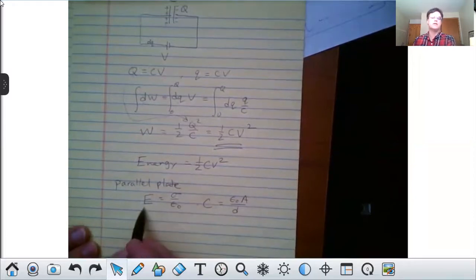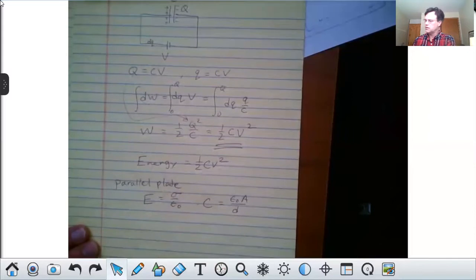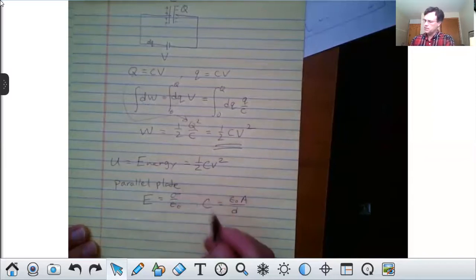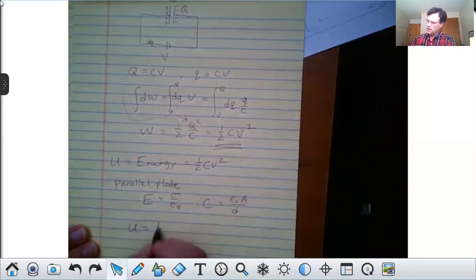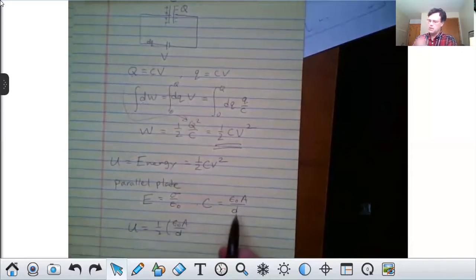And again, E here is electric field instead of energy. In the book you might see energy written as U, a kind of potential energy. So I have my energy, U, is 1/2 times epsilon zero A over d, for my capacitance, times my V squared.